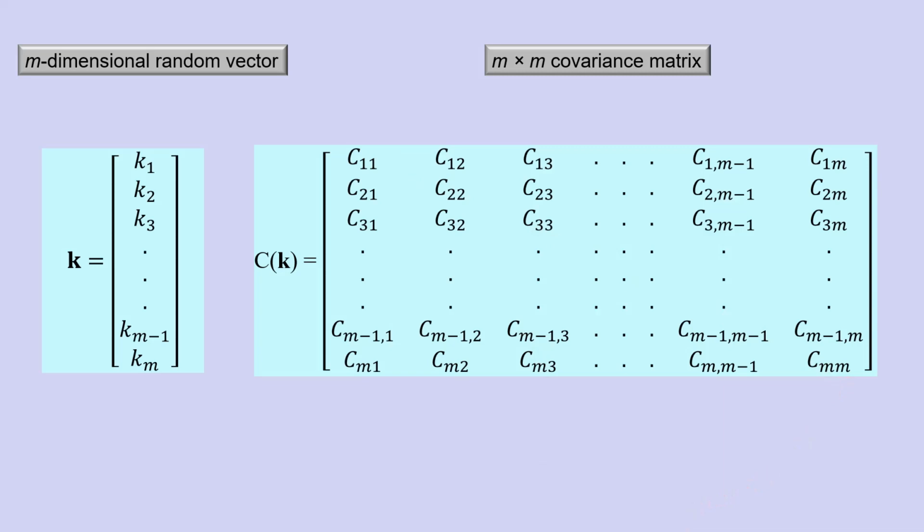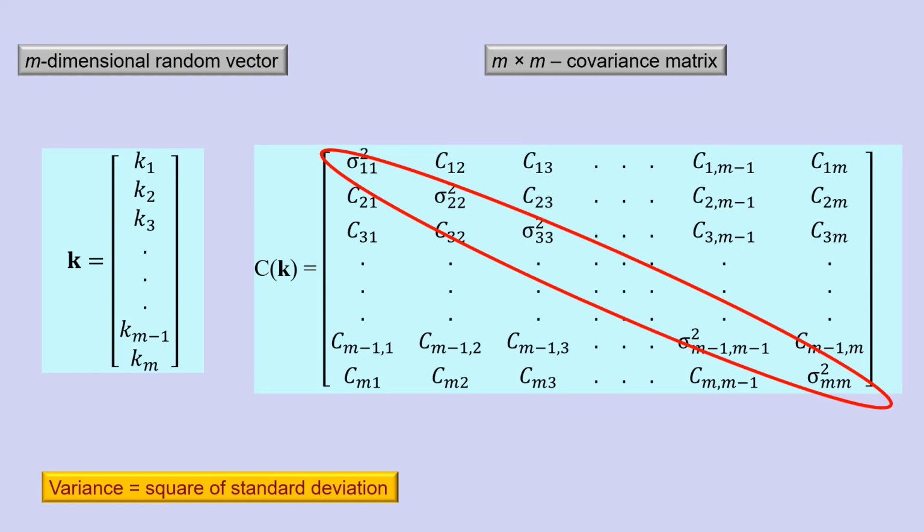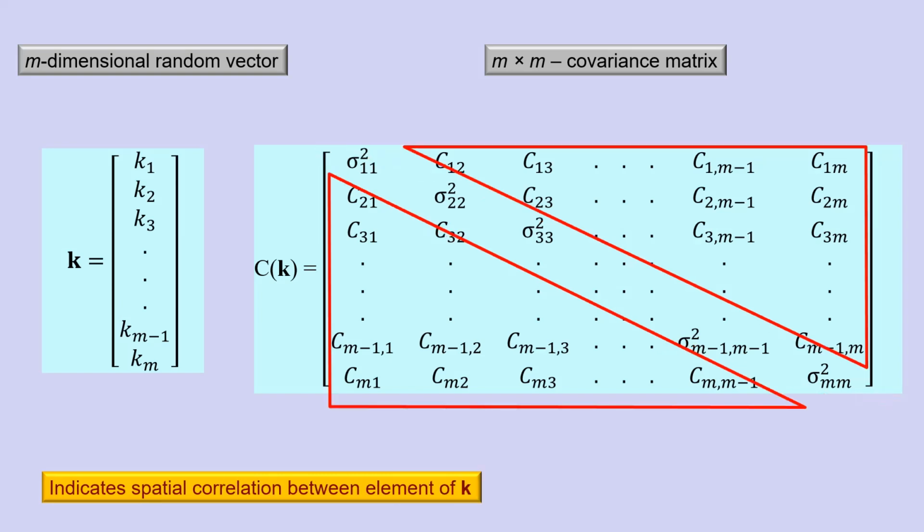But just recall, at the moment, that the diagonal elements of that covariance matrix characterize the variability of the hydraulic property. The variance, that's the square of the standard deviation. And the off-diagonal elements characterize the correlation between the elements. Now let's have a look at that.